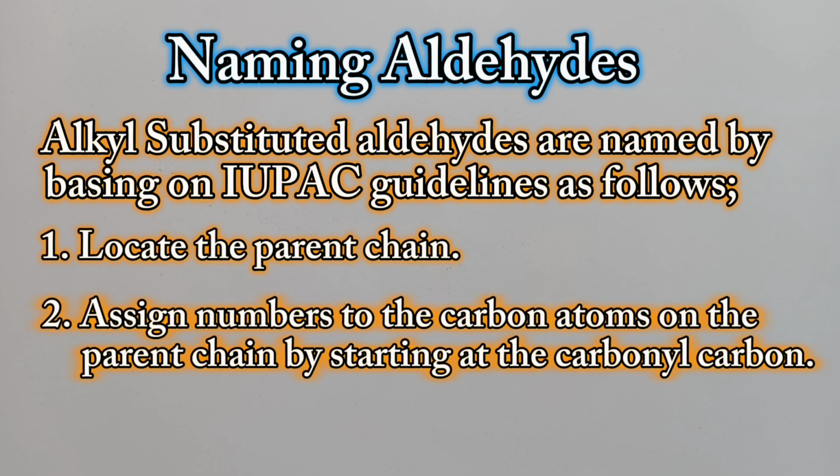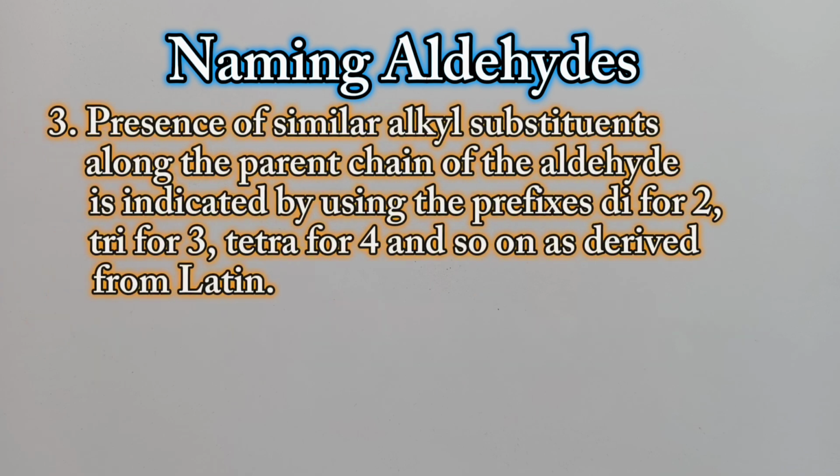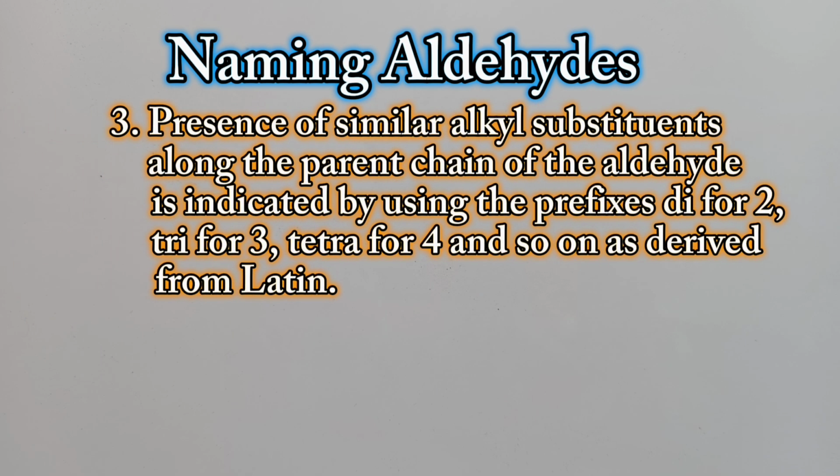The third guideline is a repetition of guidelines used in naming alkanes, which helps us to name repeated alkyl substituents. Two similar alkyl substituents are represented by using the prefix di. Three similar alkyl substituents are represented by using the prefix tri. Four similar alkyl substituents are represented using the prefix tetra, and so on, as derived from Latin.